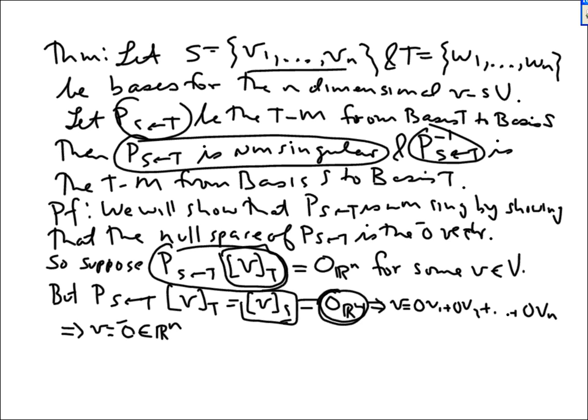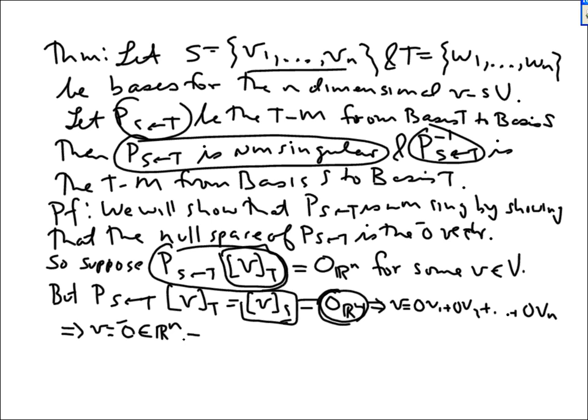Okay. So now, let me just think. Remember, every vector can be uniquely expressed as a linear combination of vectors in the vector space.